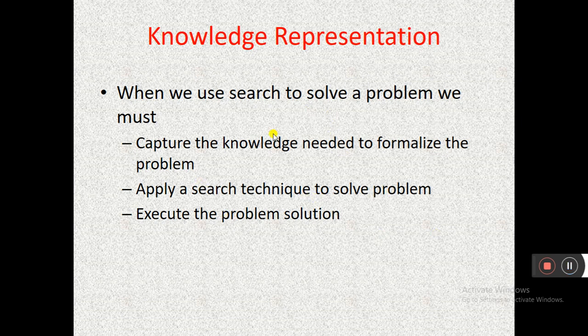Then, after the knowledge gathering, we apply a search technique to solve the problem, and at the end execute the solution. So these are the three steps involved in knowledge representation and in solving a problem. First, capture the knowledge, then apply the technique, and then execute the problem solution.